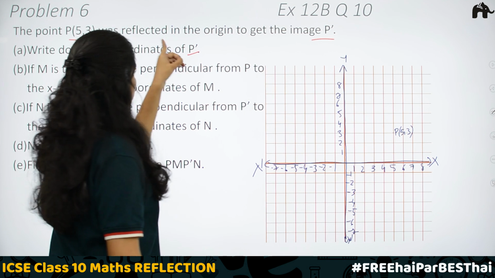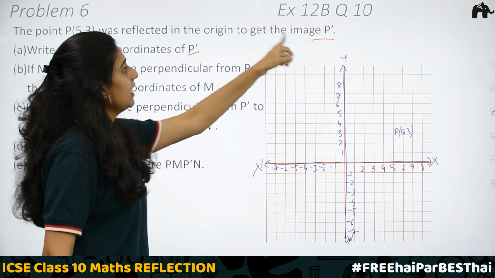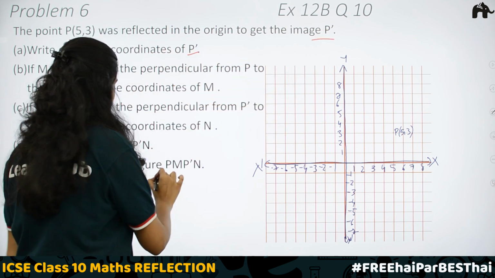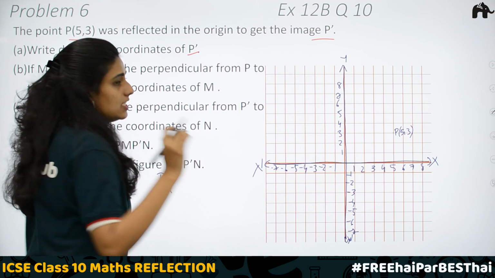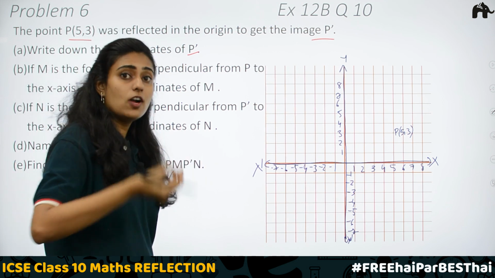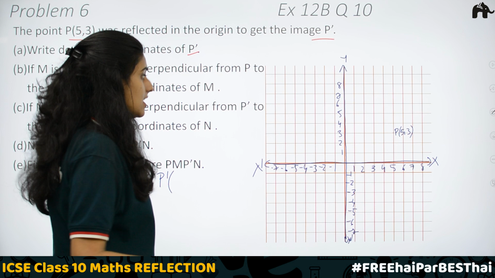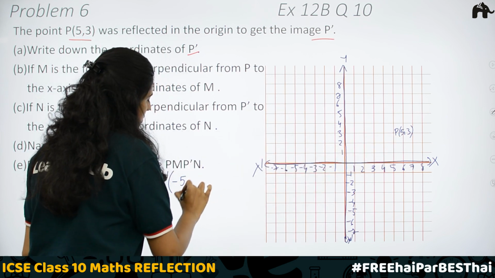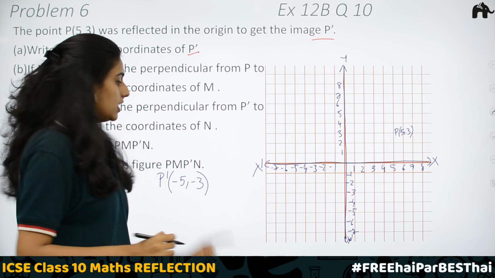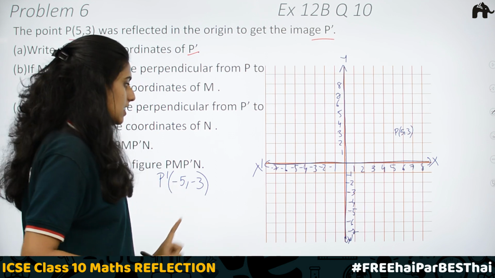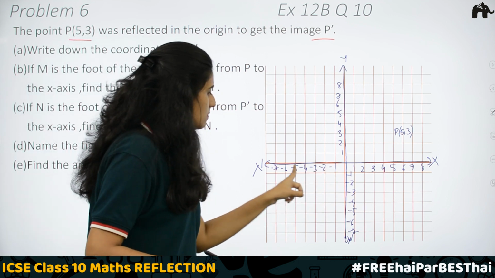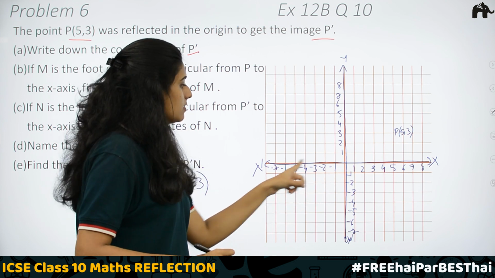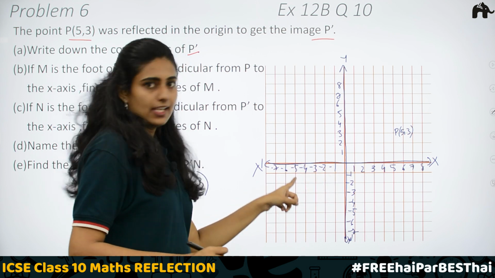Okay. It was reflected in the origin to get the image P dash. We have to find P dash. When the reflection is in the origin, what happens? The x coordinate and y coordinate signs change. P is (5, 3), which becomes (-5, -3). Let us plot this point P dash (-5, -3). This is -5 units from the origin along the x-axis.